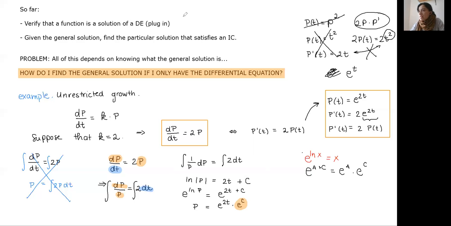That means that e to the c can also take any possible value, so I might as well just label it as another arbitrary constant, right? So what this tells me is that my function p is equal to some constant d times e to the power of 2t.